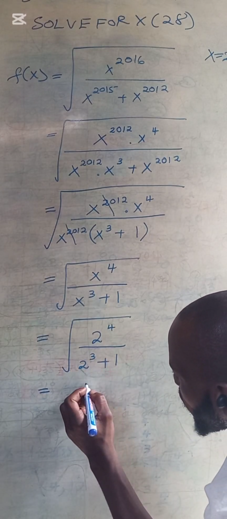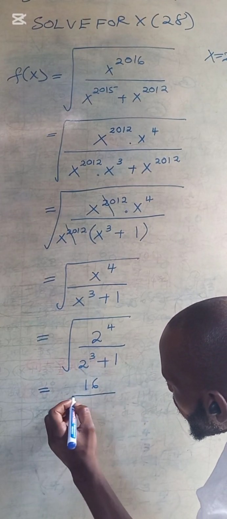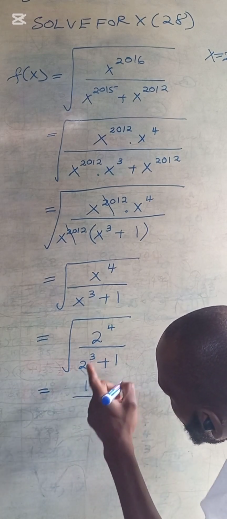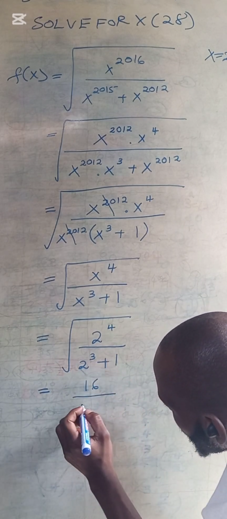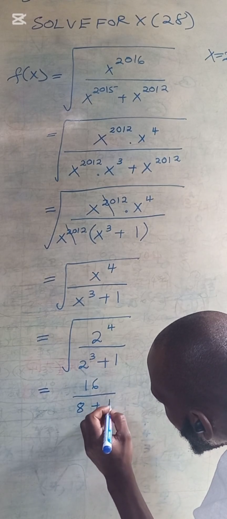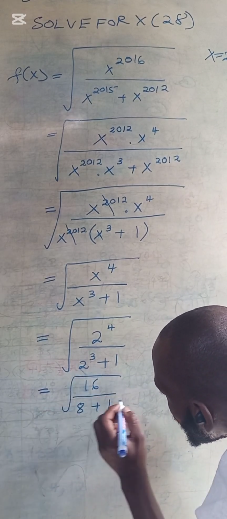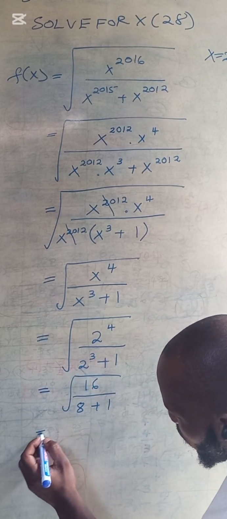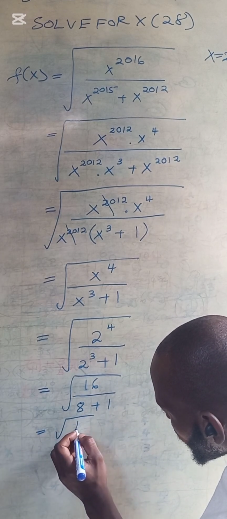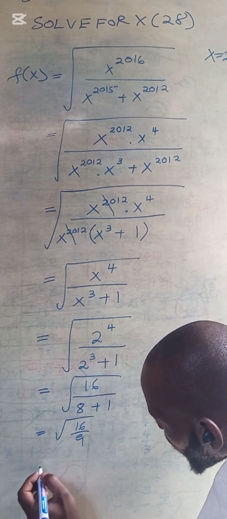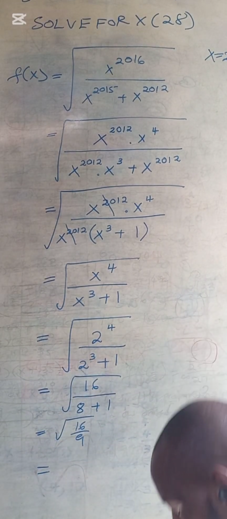So 2 to the exponent 4, that's 16, all over 2 to the exponent 3, that's 8, plus 1, the square root of that. So basically we have the square root of 16 over 9.